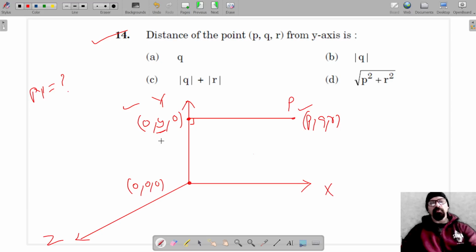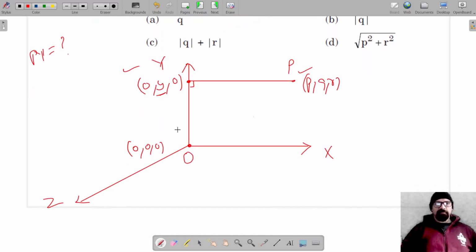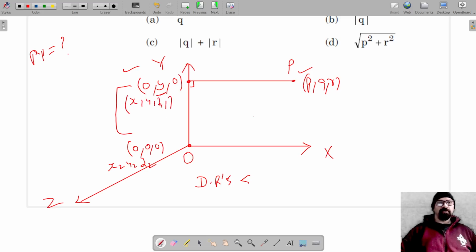of y. So now if we have to find the direction ratios of the y-axis, this is x2, y2, z2, and this is x1, y1, z1. And we know that if a line passes through 2 points, then the direction ratios are of the form x2 minus x1, y2 minus y1, and z2 minus z1.